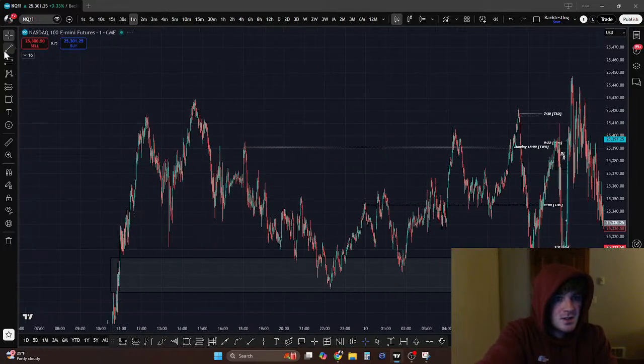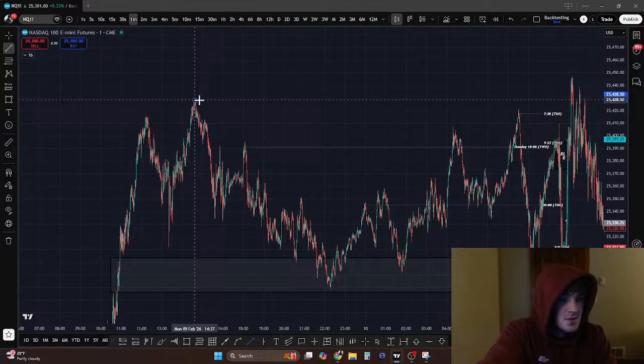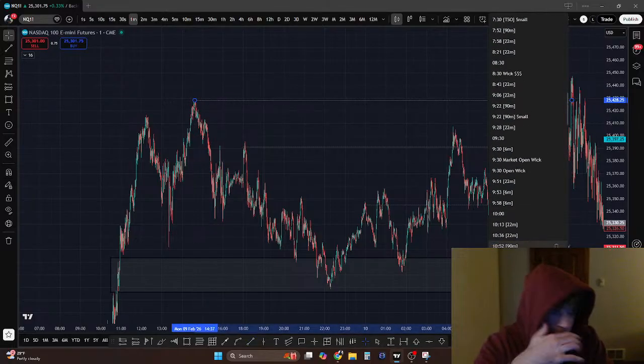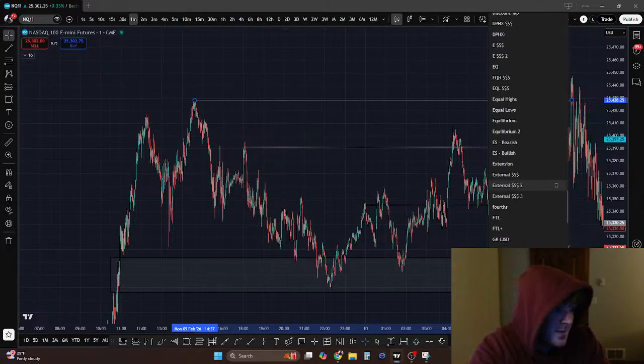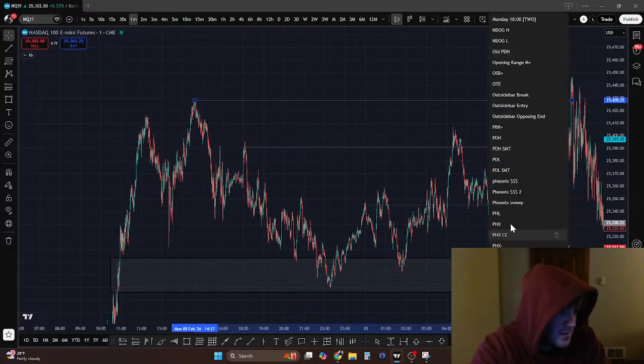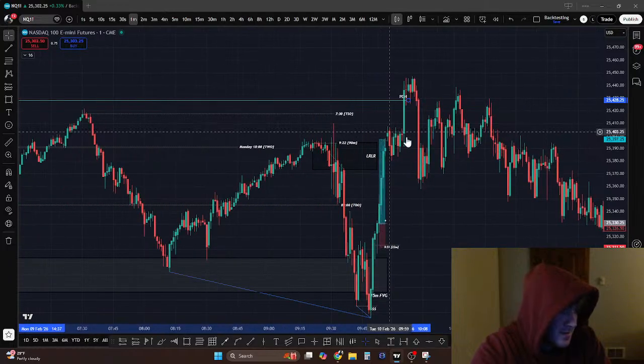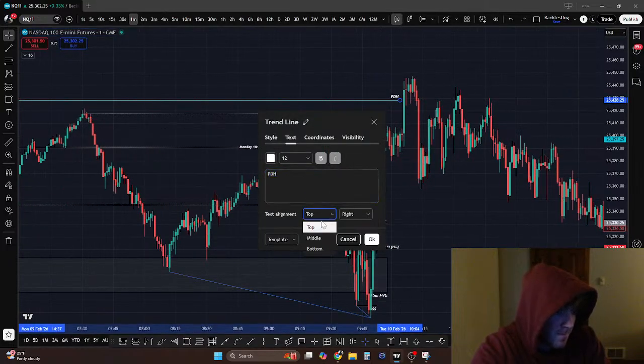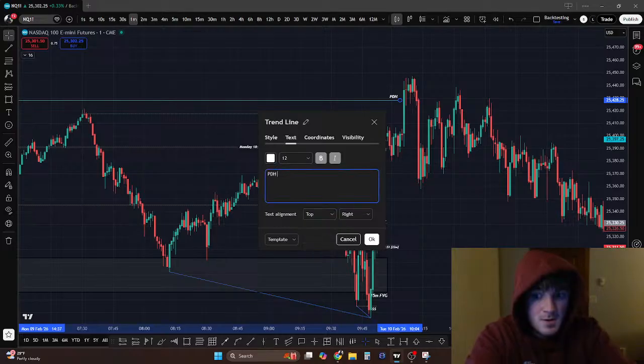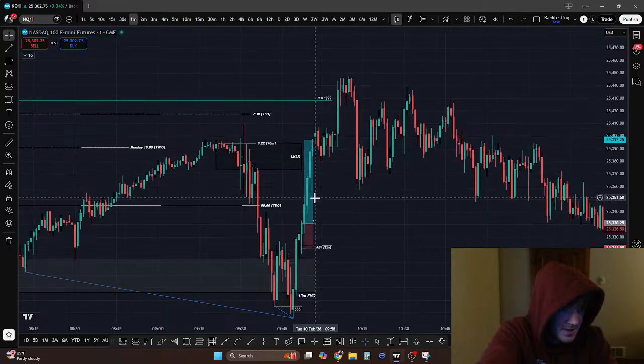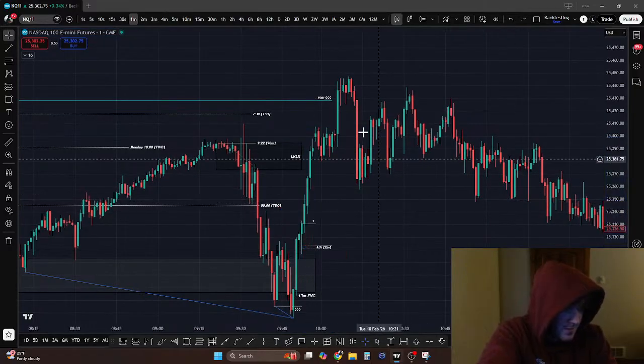I would trust a sweep of this high, which is previous day's high, and then this gap over here, after we get this sweep and then form this gap here.